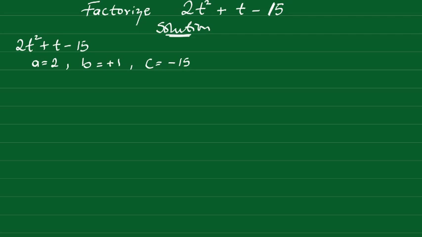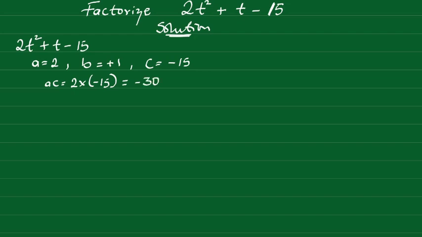And since a is not equal to 1, we find the factors of ac that when added give us b. Now, to get our value for ac, we write ac equal to 2 times bracket open minus 15 bracket close. Hence, our value for ac is equal to minus 30.